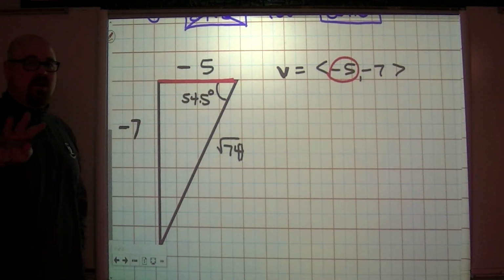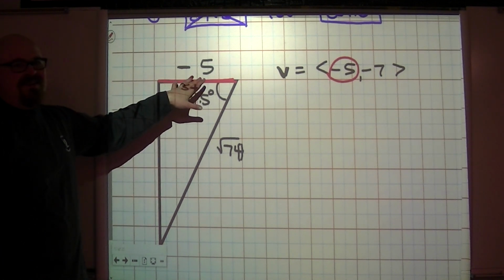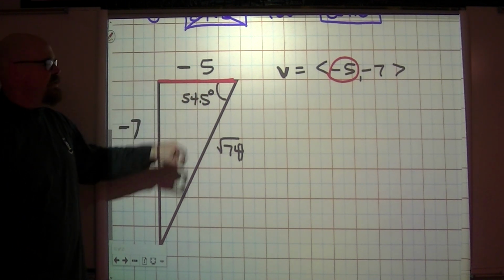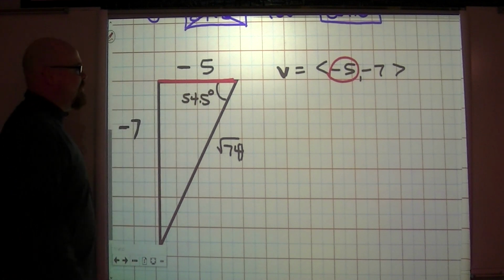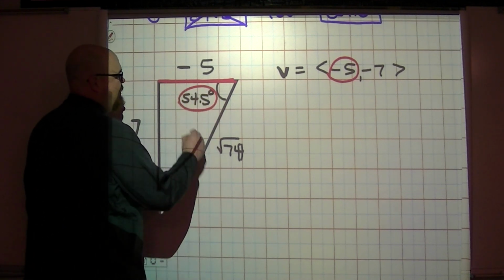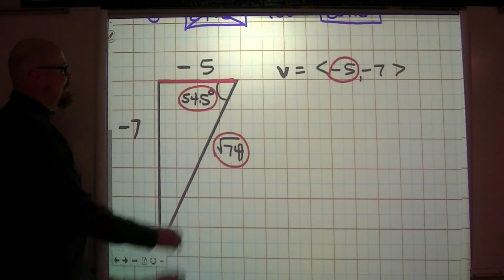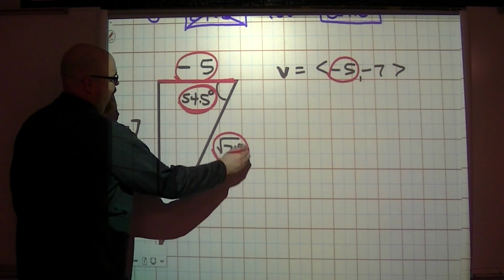How can I express this distance, and this is where it gets a little crazy, but do that in terms of its magnitude and the angle? So I want to be able to express this distance right here, but I want to use this number and I want to use this number. Again, how do I relate this to this and this?